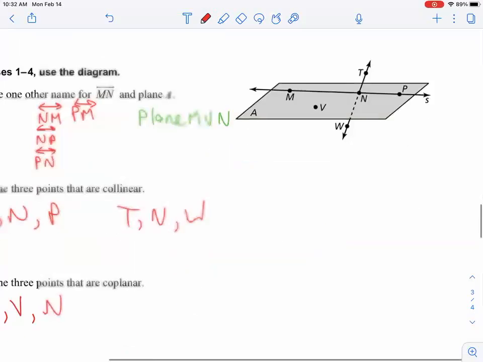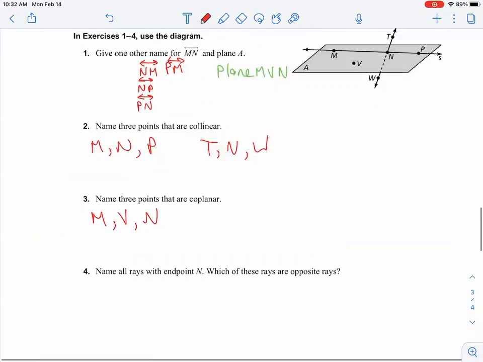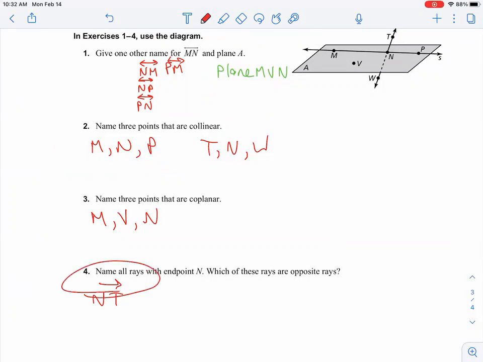So any of those, I guess it wants us to name all of them. So we could say NT. Now notice I have to have above here the ray symbol. If you don't have that, that would not be marked correct. So I could do ray NT, ray NP, ray NW, or ray NM.